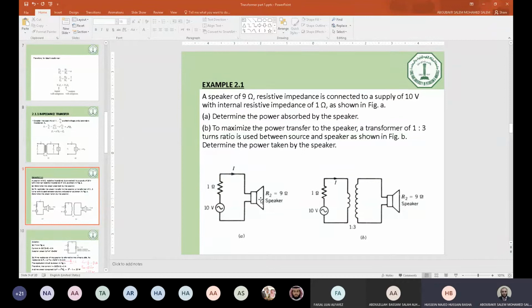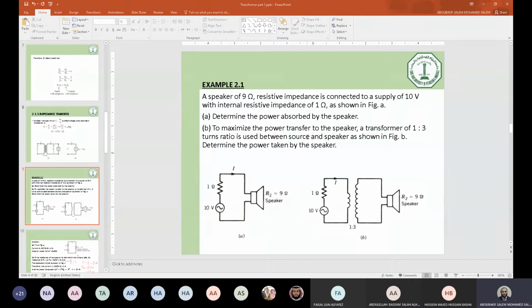You have two series resistances. Use Kirchhoff's voltage law. So 10 equals (1 plus 9) multiplied by the current. Okay.